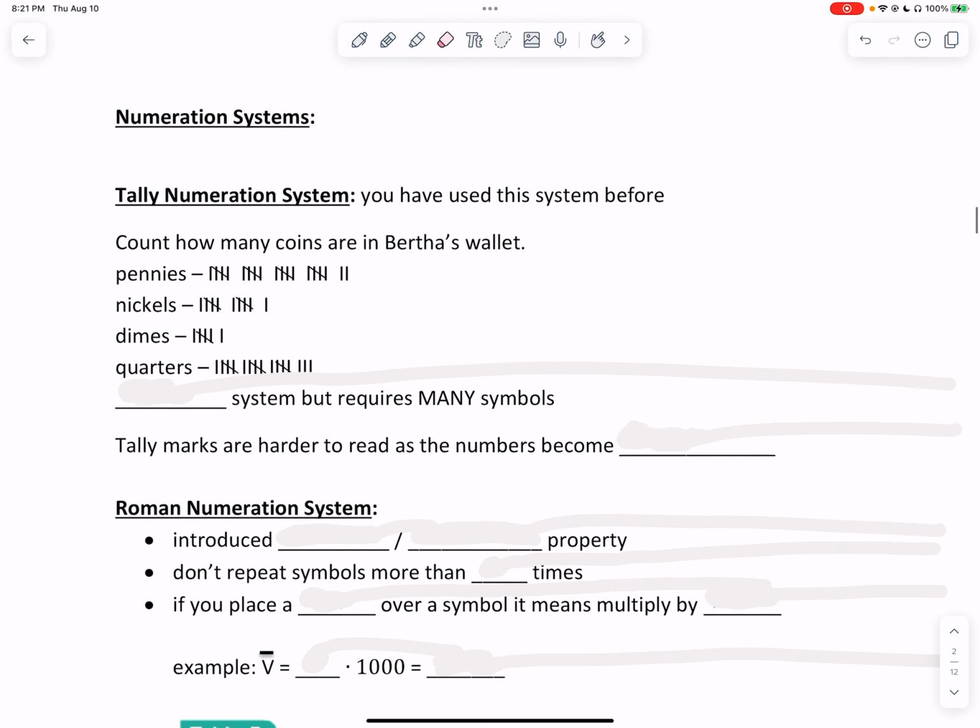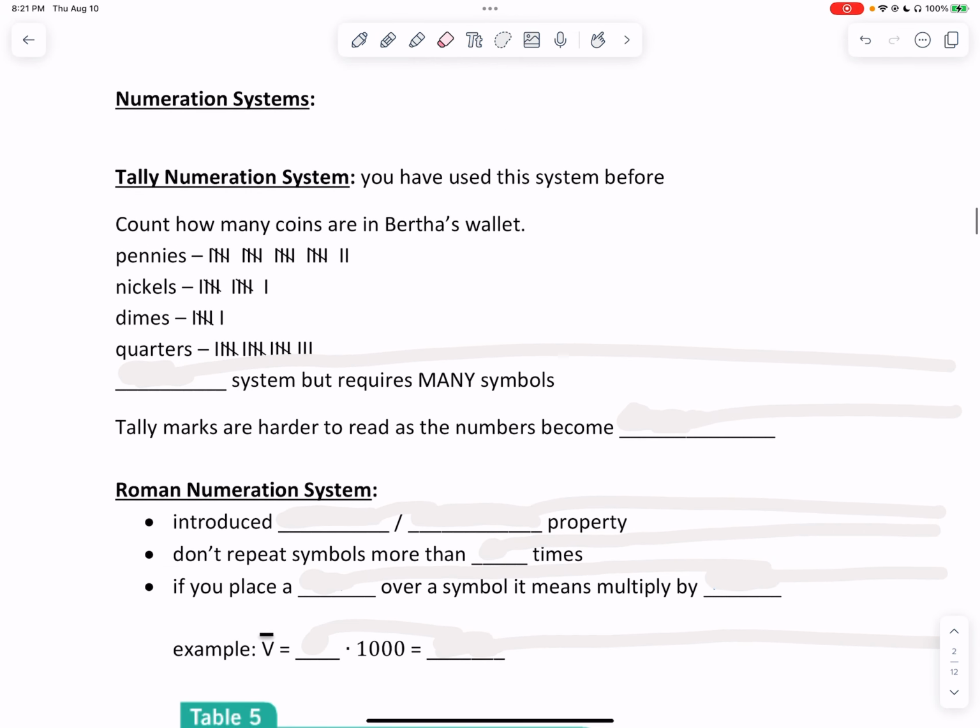So one system is called the tally numeration system. You've probably used this system before. If we were going to count how many coins were in Bertha's wallet, these go by 5, so 5, 10, 15, 20. We've got 22 pennies and 11 nickels and 6 dimes and some quarters.